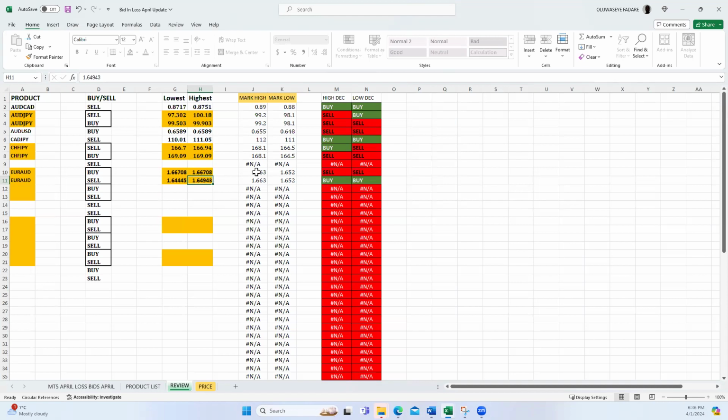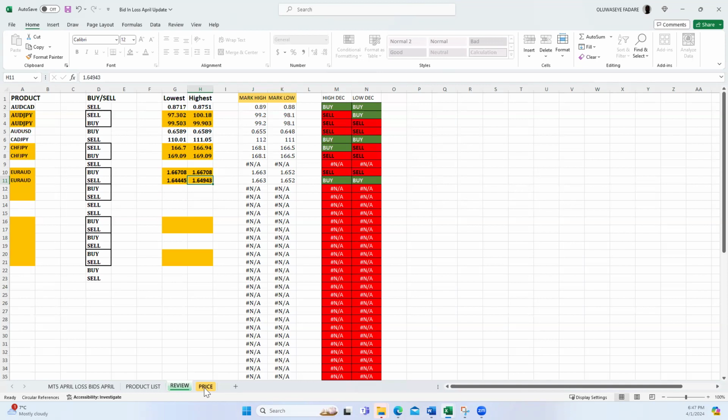So we want to buy at 1.66708, and we want to sell at 1.64943. We expect that for the rest of the month, no matter how bad the market is, it should only activate one of these sides. Okay, so now this is a control point for us. We buy at 1.667 and sell at 1.649 for the rest of the month.